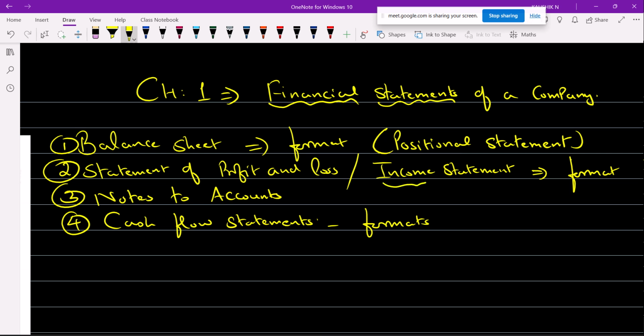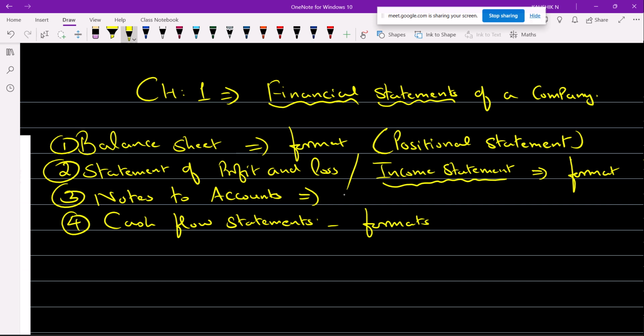For financial statements, there are no such other names. Financial statements are the statements which show the financial position of a company.